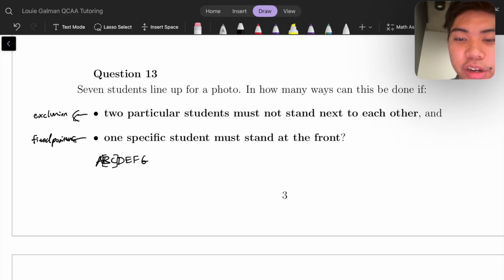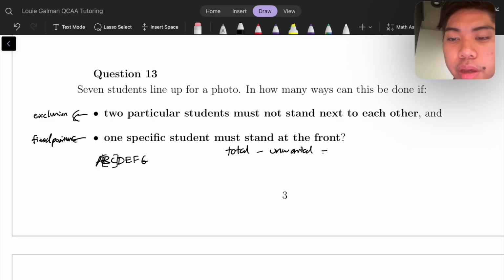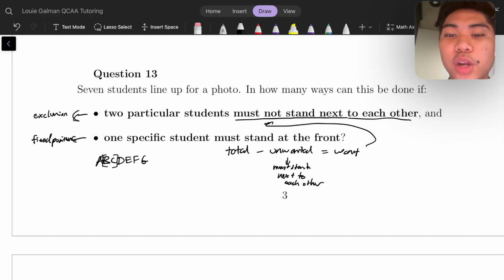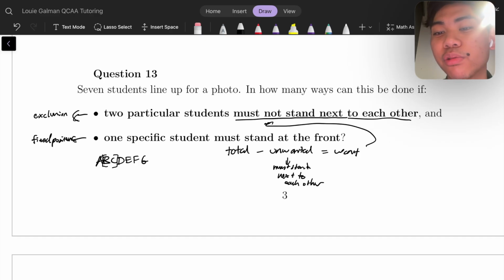So again, as I said, we're doing the total minus the unwanted, which equals what we want, which is the must not stand next to each other. So if we know the unwanted, which is must stand next to each other, then we can do the total minus that to get what we want, which is must not stand next to each other.